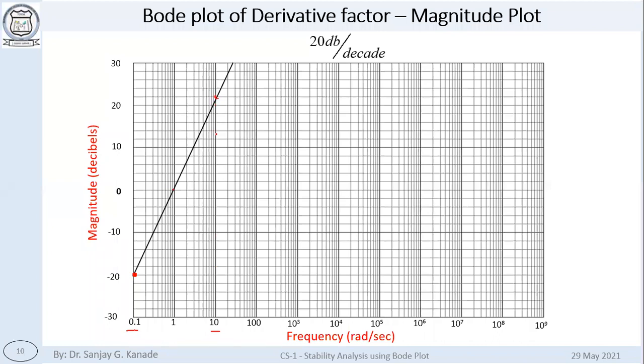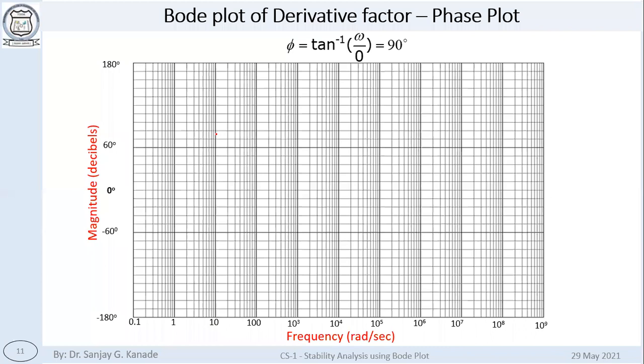Like this, it is a straight line with a slope of 20 dB per decade. For a derivative factor, which means S in the numerator, you have a straight line of positive slope of 20 dB per decade. And the phase angle, as we calculated, is a constant 90 degree line.